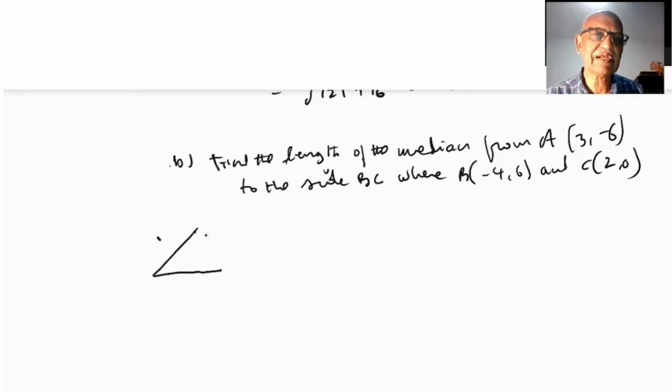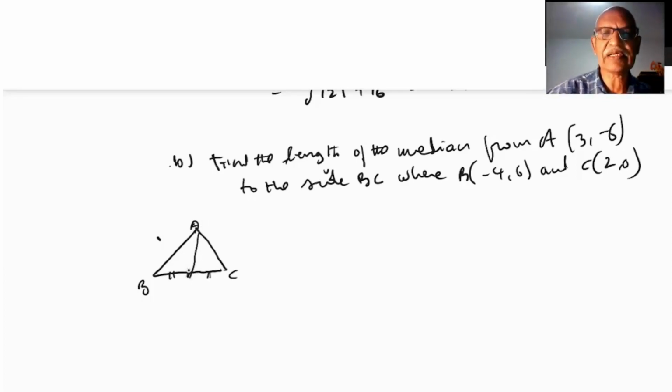If I have this triangle here, triangle ABC, we are finding the length from A to the midpoint. We know that the median is always to the midpoint. This is the median. The median should not be perpendicular. It might be, but it's not necessarily perpendicular. So we are finding median AM.